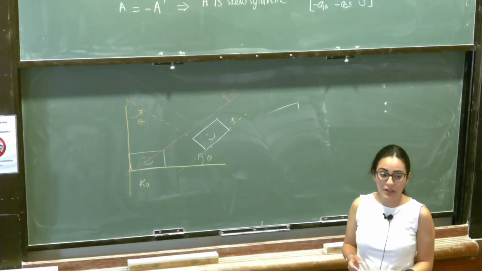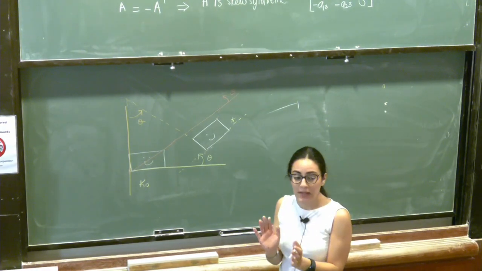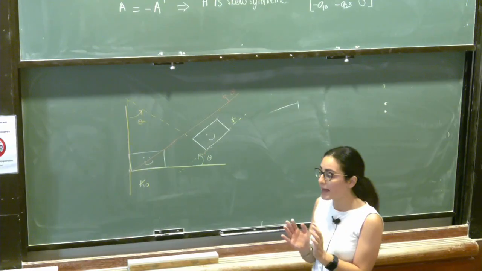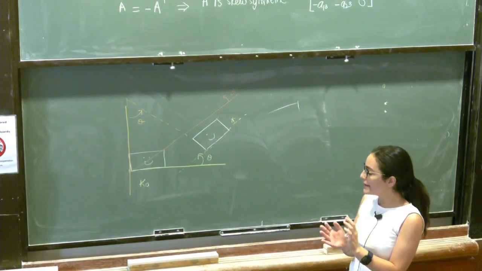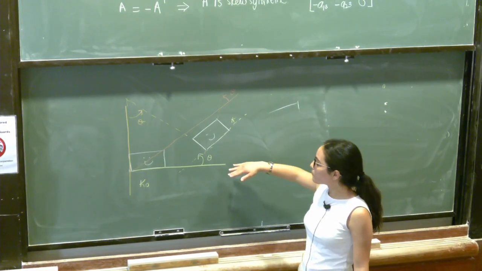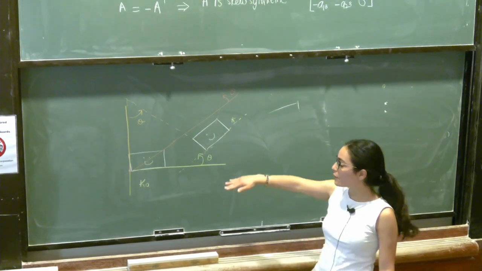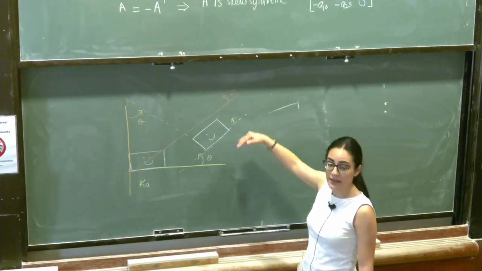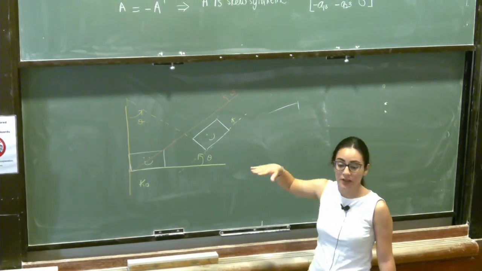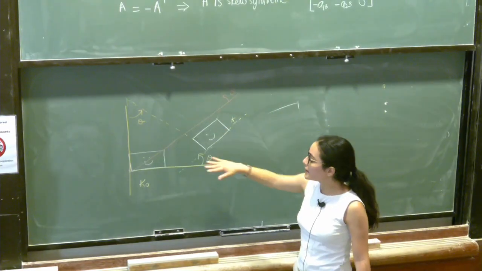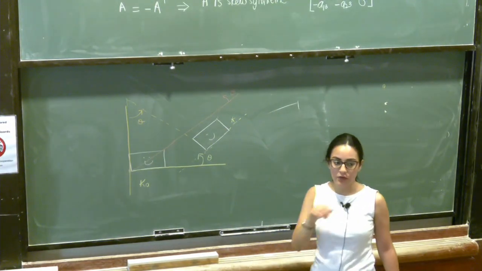We can show this from geometry that when a rigid body is rotating, the angle between any pair of material lines, one of which is in the reference configuration and the other one is the corresponding line in the current configuration, is going to be the same for all material lines on the rigid body.